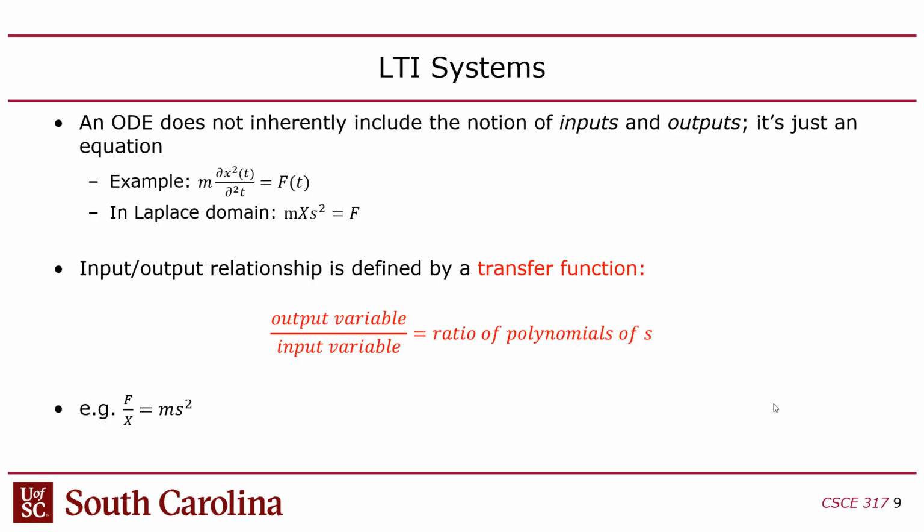So in order to come up with this concept of inputs and outputs, there's this notion of a transfer function. The way a transfer function works is it's a ratio where you put the output variable on the top, and this is in the Laplace domain. So if your output variable is, say, force, I want to change the force, so that's my output.